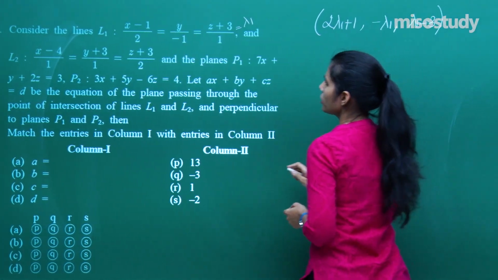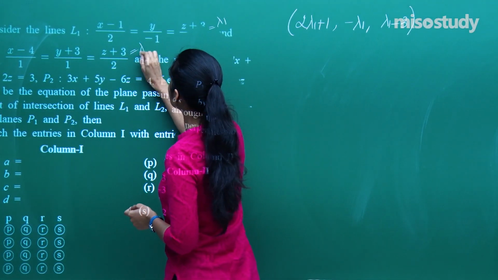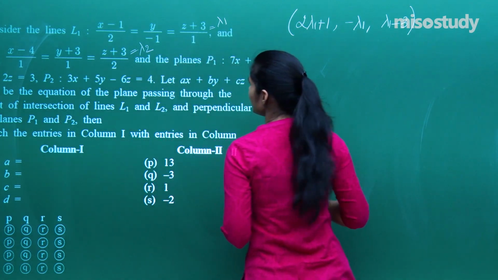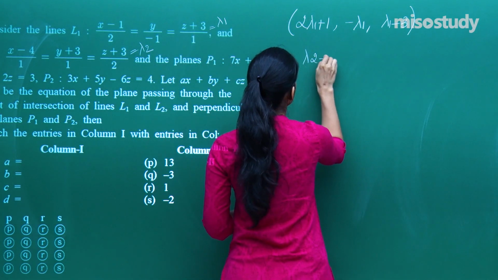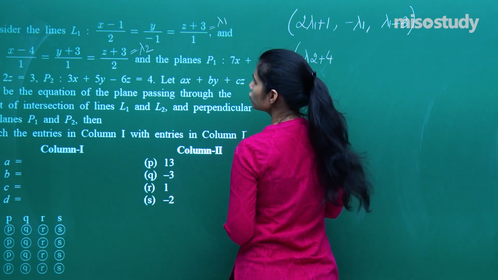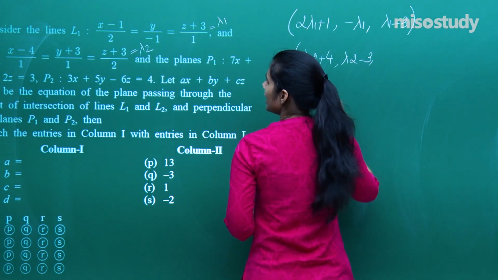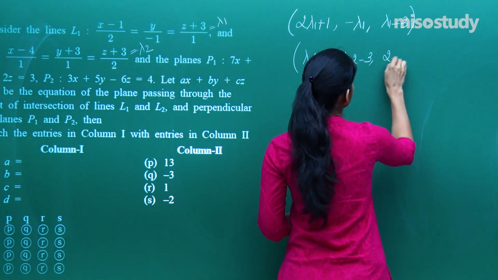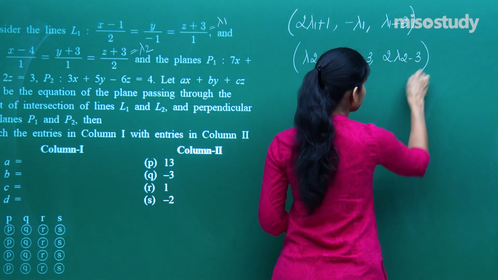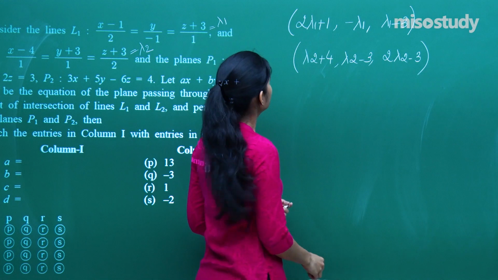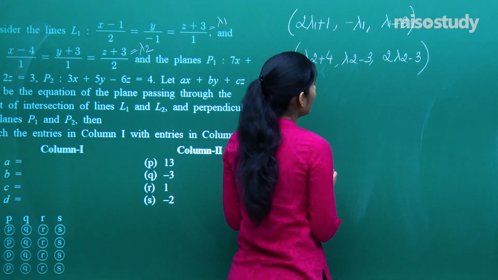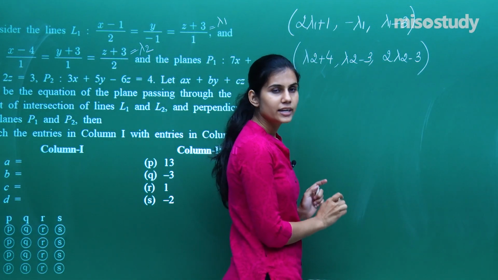And any arbitrary point on line 2 will look like what? Say this is equal to lambda 2. It will be lambda 2 plus 4, lambda 2 minus 3 and 2 lambda 2 minus 3. Fine. Now, this is how an arbitrary point on line 1 and line 2 look.